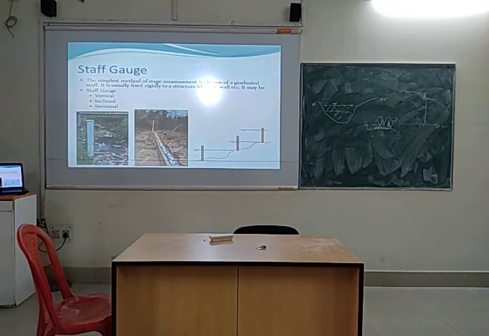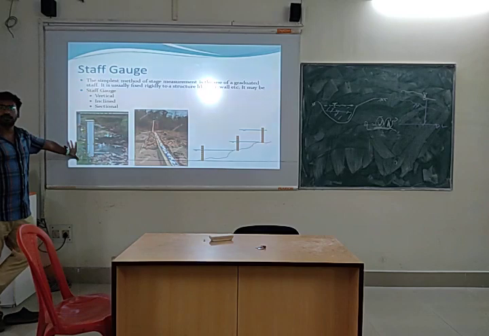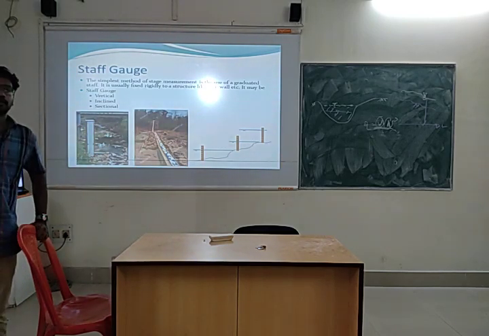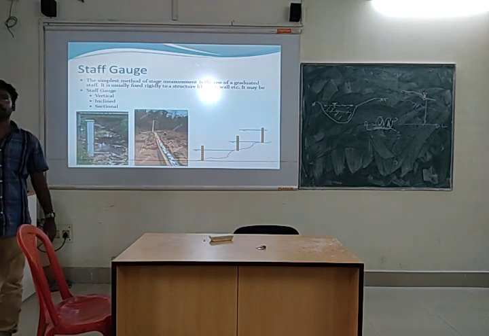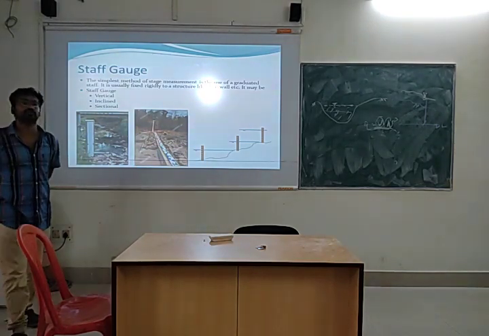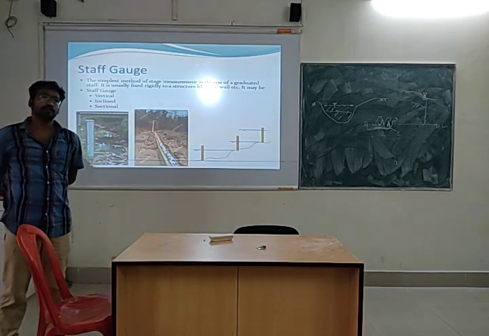First of all, we are having the staff gauge. I think most of you have seen this sort of stage recorder. Any sort of canal, you will get this one. Near the barrages you can get this sort of stage where marks will be done.